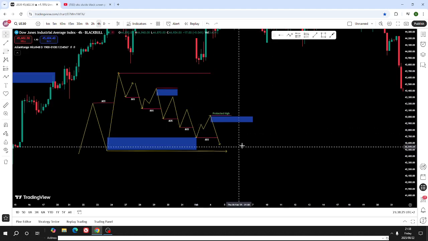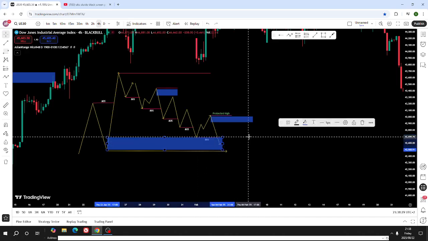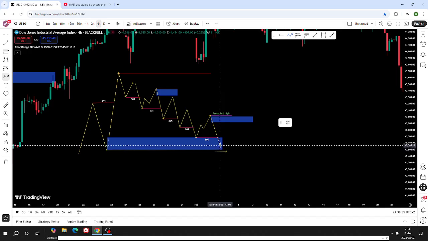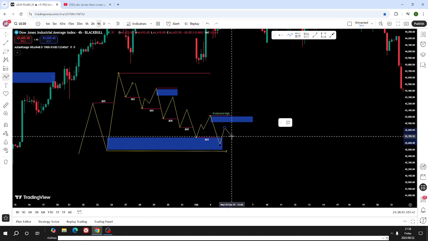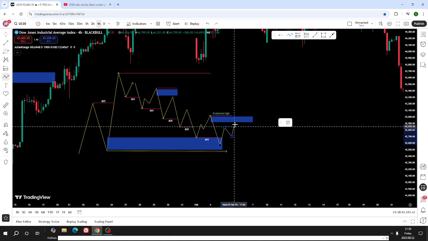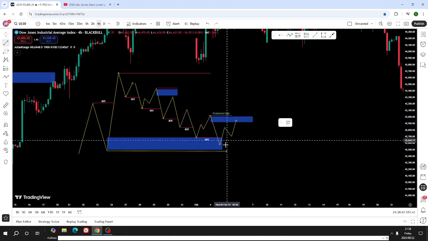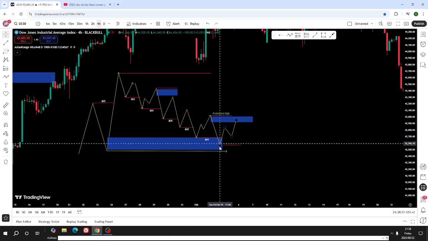So the second one that I want to explain is this one now. We get to see that the market taps in there, then comes to a final point, going back towards our, making an internal high and low in between this protected high and this low.